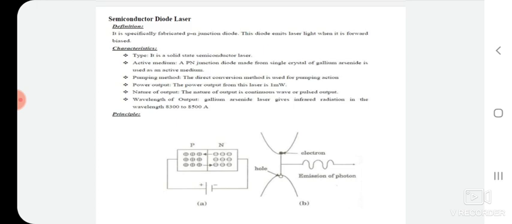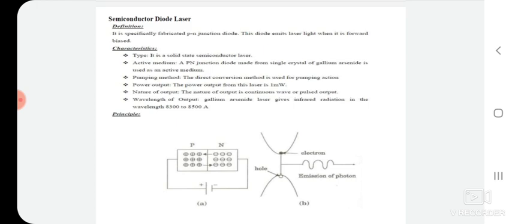Next, the power output. The power output from this laser is 1 mW, milliwatt. The nature of output is continuous wave or pulsed output.